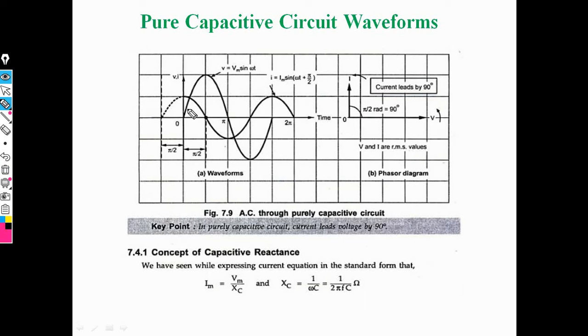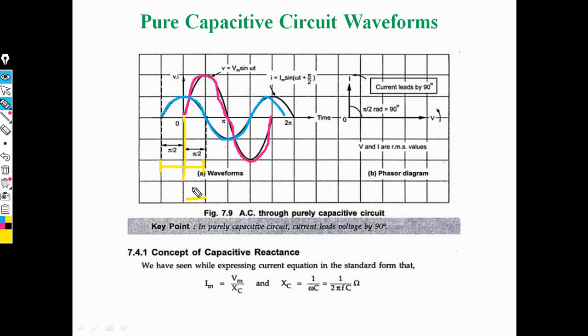First, this is the voltage waveform. Then we have drawn another waveform for the current. Now, 0 to pi, 2 pi. Here there are two sections for the angle, that is pi by 2 and pi by 2.